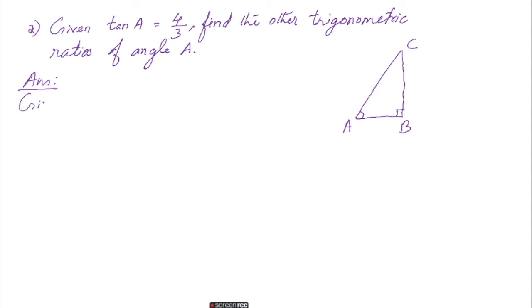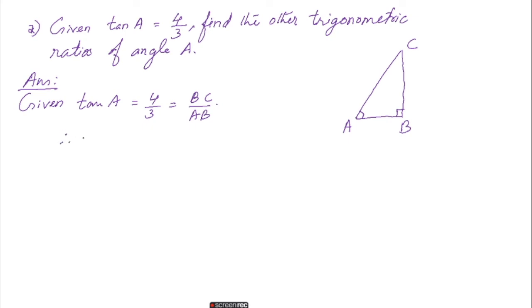So here what is given to us is tan A is equal to 4 divided by 3, right? But what is tan A? Tan A is opposite side by adjacent side, that is BC divided by AB.